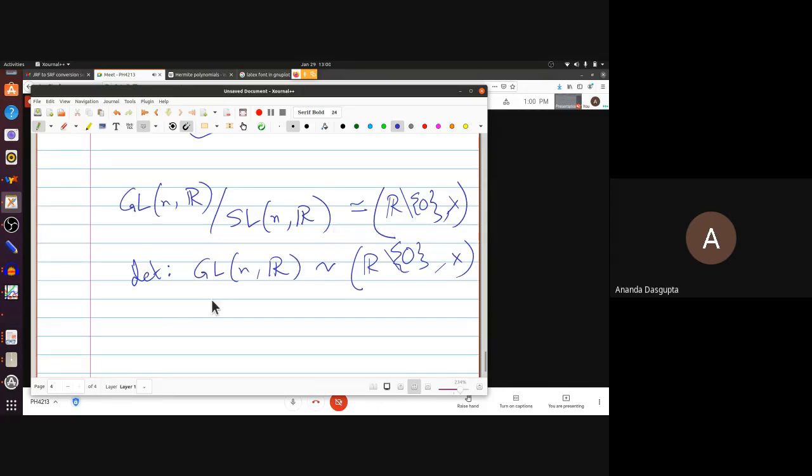But notice the kernel of det. Now that you know the definition of kernel, tell me what the kernel of det is. SLNR. Is everybody clear about this?